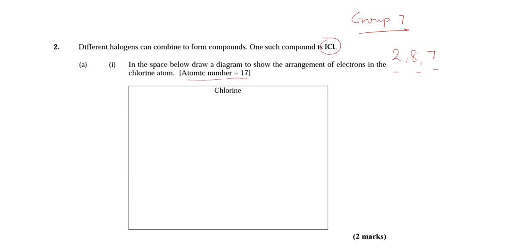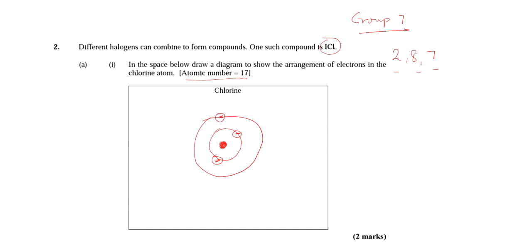So we want to show the arrangement of the electrons in the chlorine atom. So what we do, we draw the nucleus, and all we're concerned about is the electrons. So in the first shell we have 2 electrons, so we could write this as 1 electron, and 2 electrons. And then we draw the next shell, which we know should contain 8.